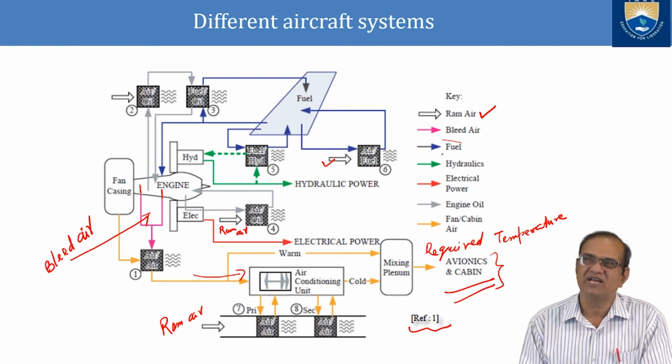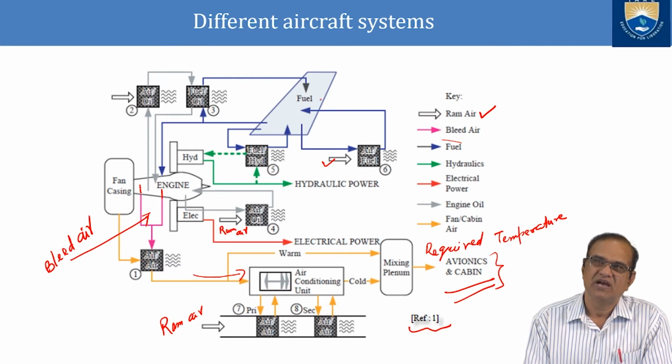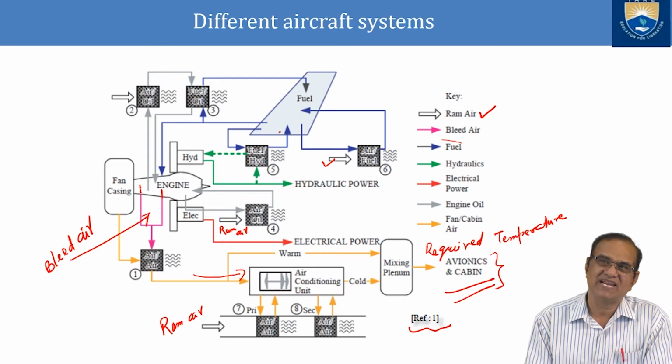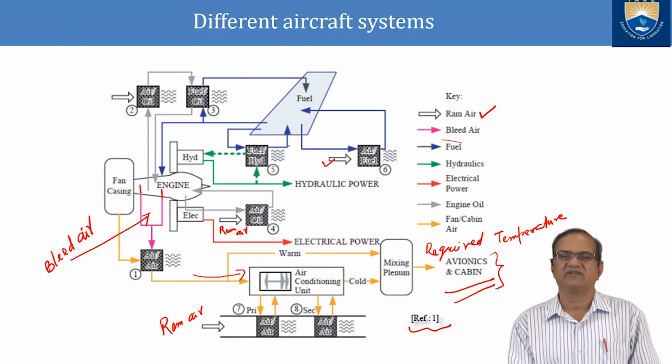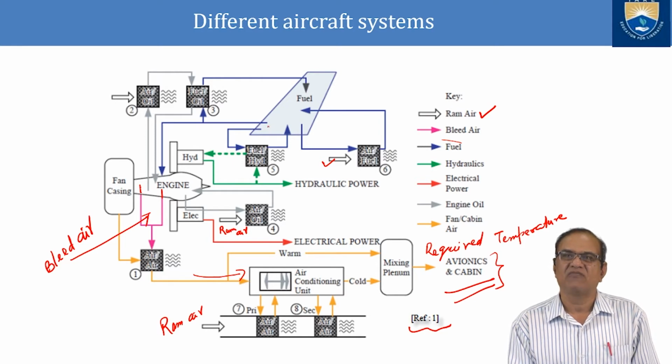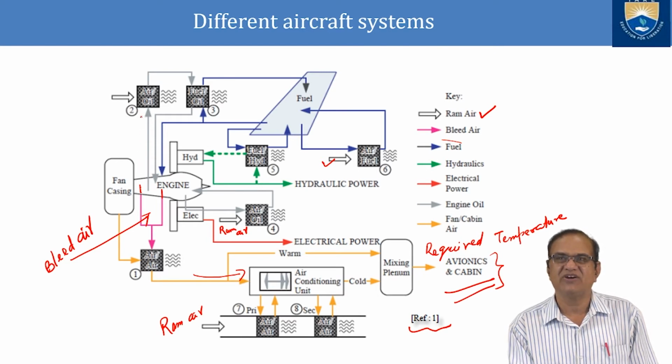Next, I am taking the fuel system. You can see most of the fuel is contained in the wings, in different panels. From the wing, fuel goes to the engine, but you can see here this is the engine oil. This line is engine oil.